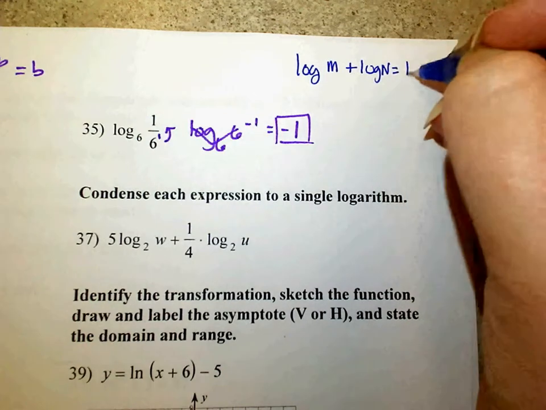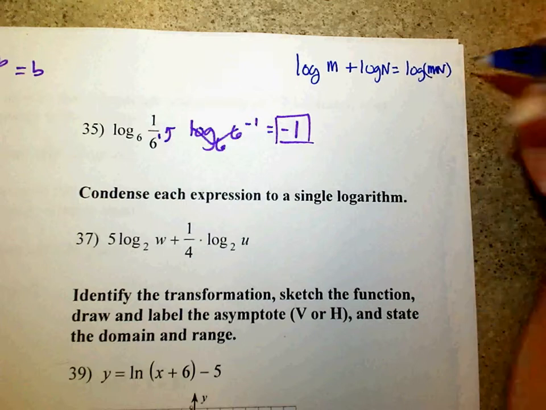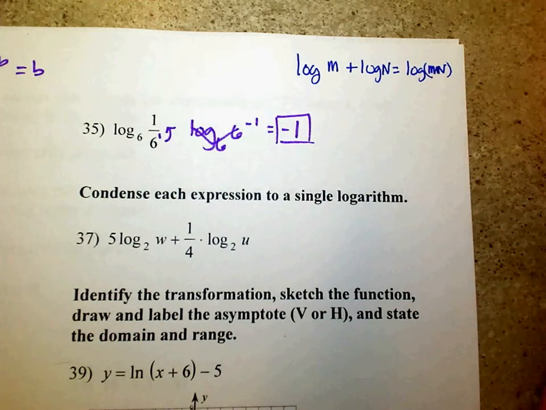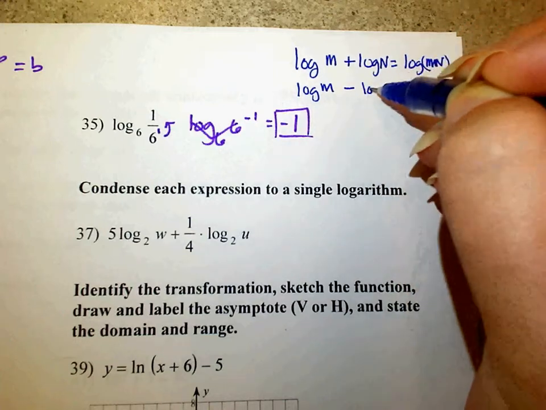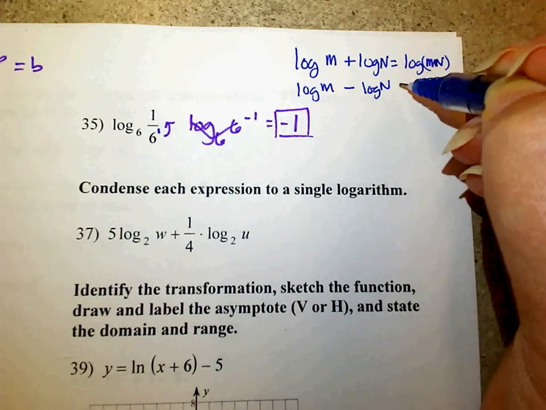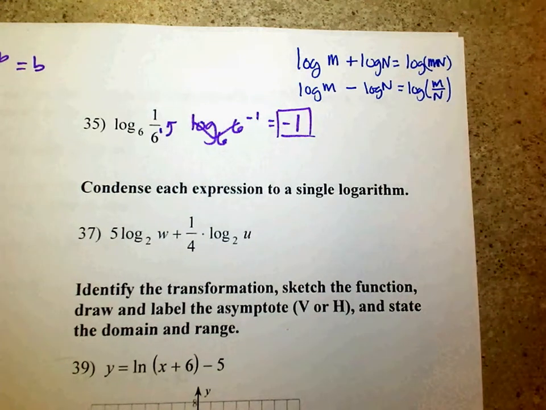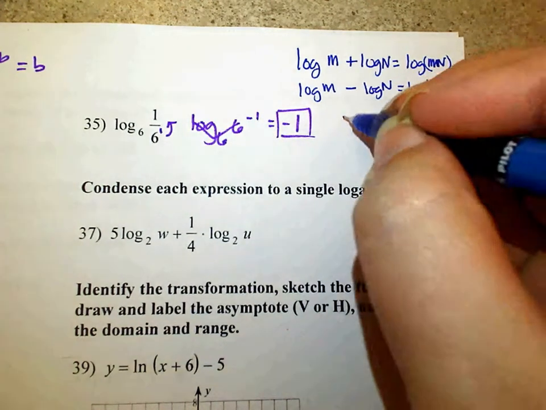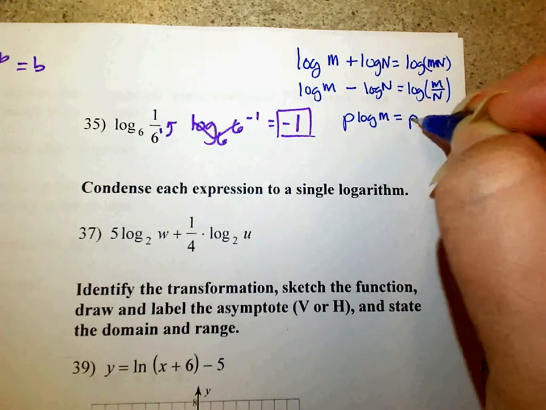So when two logs are separated by addition, you combine them using multiplication, but when they're separated by subtraction, consider this to be the division bar, log of m divided by n. And last thing, if you have a number in the front, it can be brought back as a power.